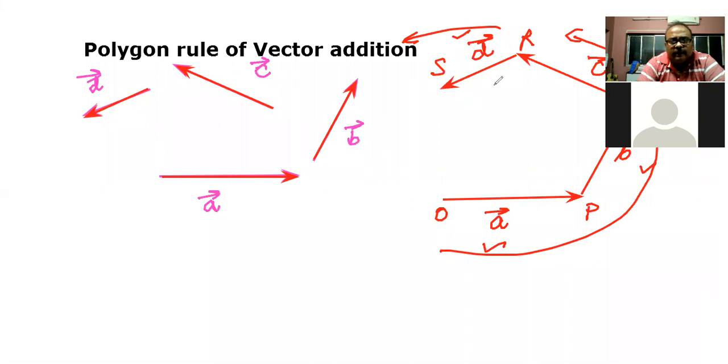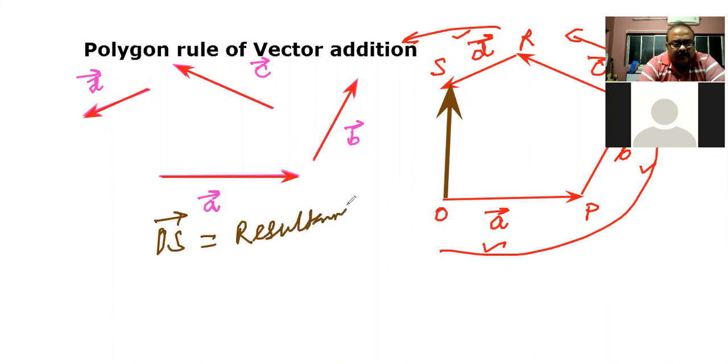Their resultant is represented both in magnitude and direction by the closing side of the polygon, taken in opposite order. That means OS is the closing side. Very, very important, OS is your resultant vector.